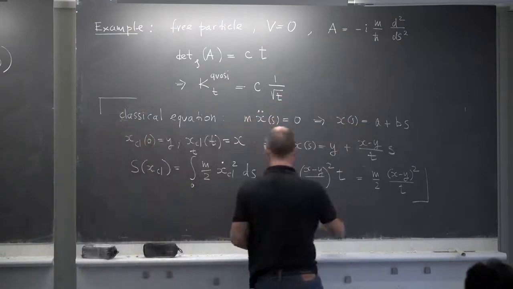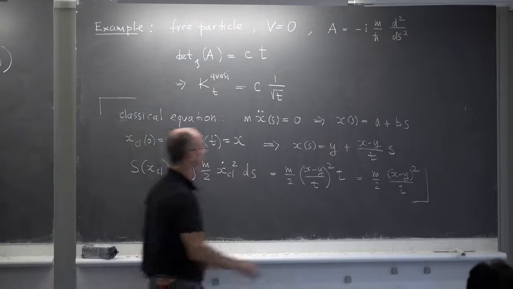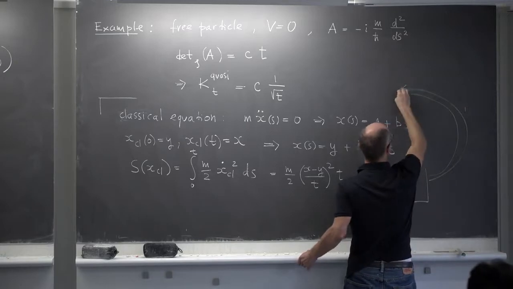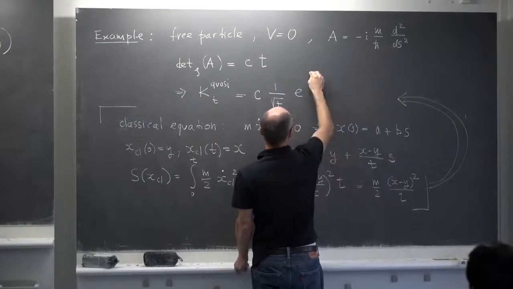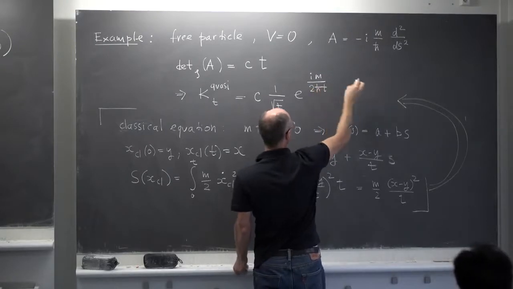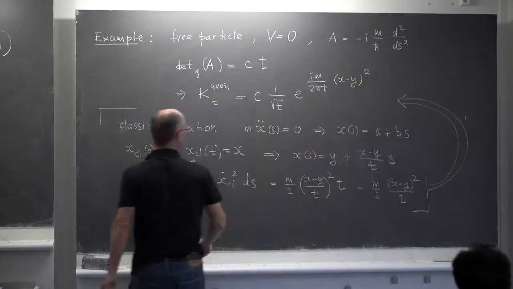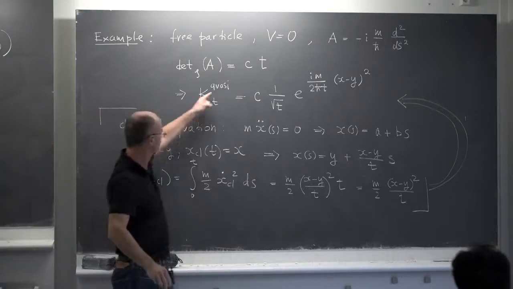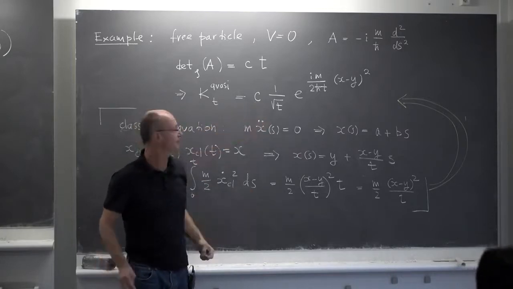So finally, we can now write down the answer. And this answer is exponential of i m over 2 h bar t times (x minus y) squared. So that's the quasi-classical answer that we obtain up to some coefficient.